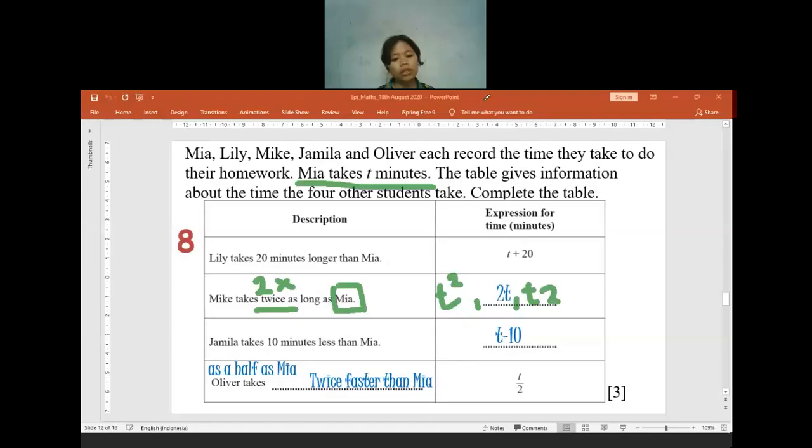Takes half the time is also okay. Is there anyone else having any question before I continue to question 9? Each part in here has 1 mark. In total there are 3 marks. No question? Okay. If you have no question, I will move to question 9.